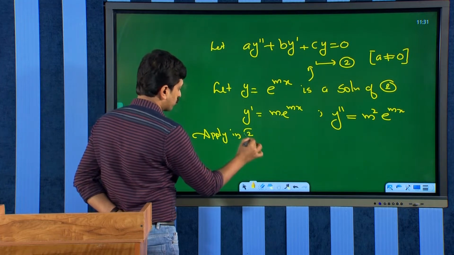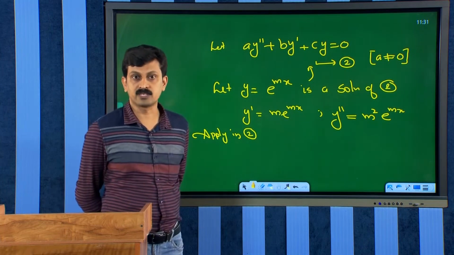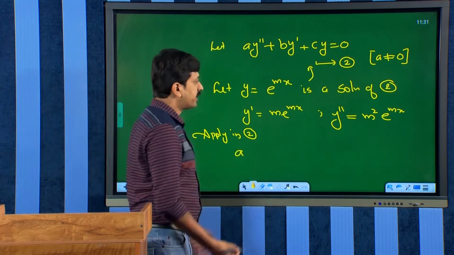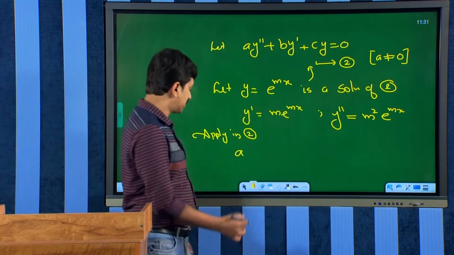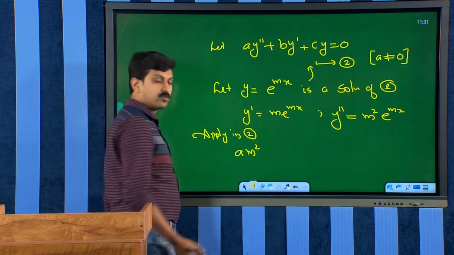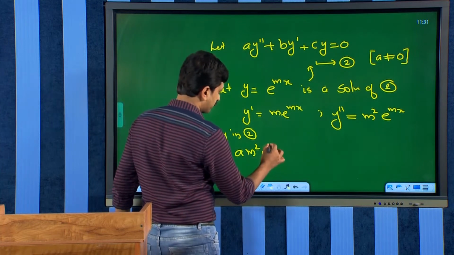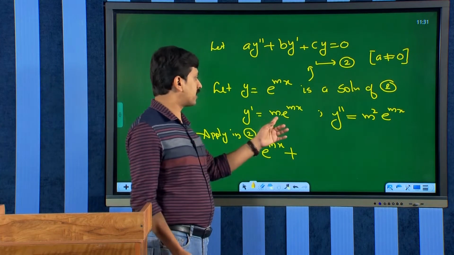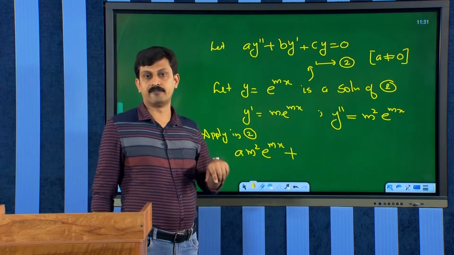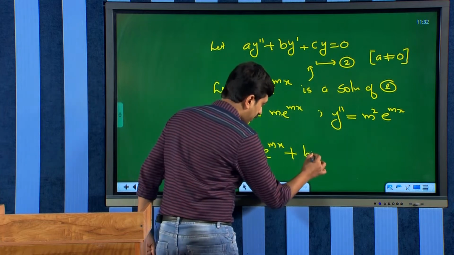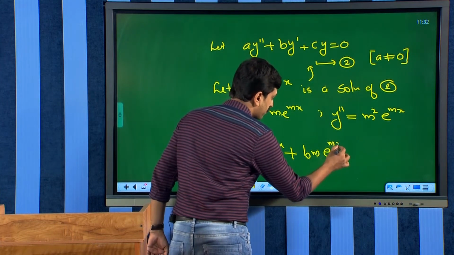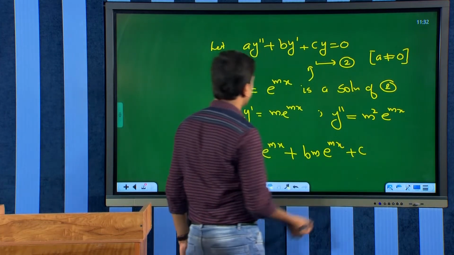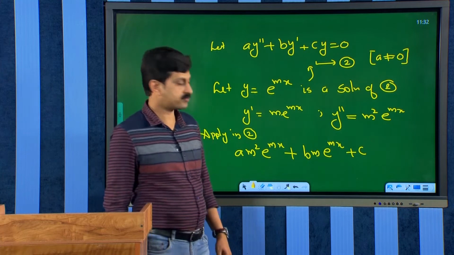Applying this in equation 2, the equation becomes a into y double dash, that is a m square e raised to mx, plus b into y dash, that is b m e raised to mx, and finally c into y, that is c e raised to mx.